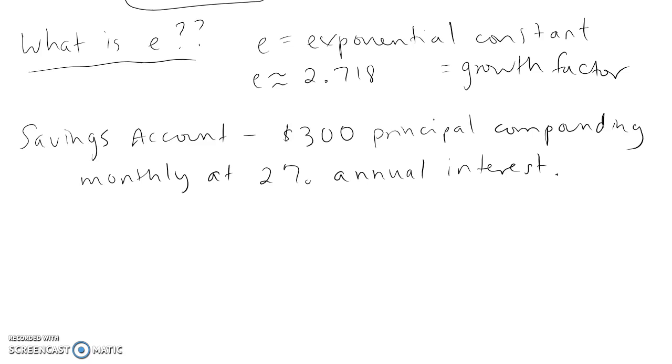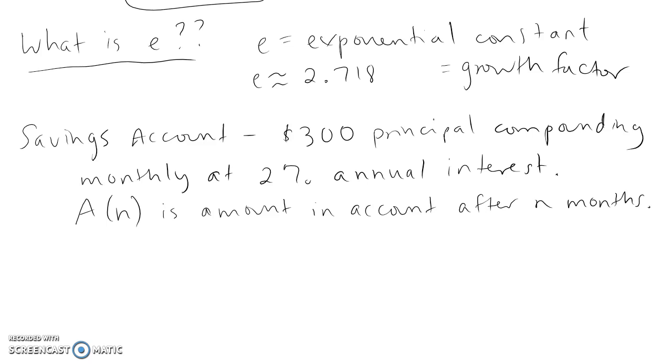Okay, so the interest is compounding monthly. That means it's being added once per month. And we're going to say A of n is the amount in the account after n months.